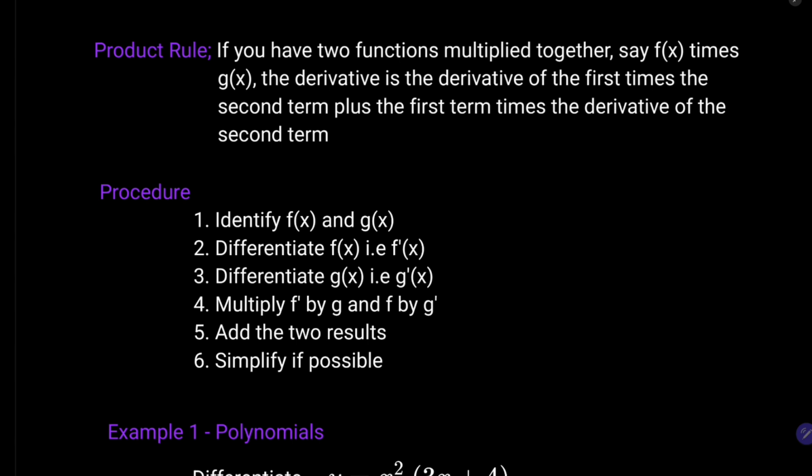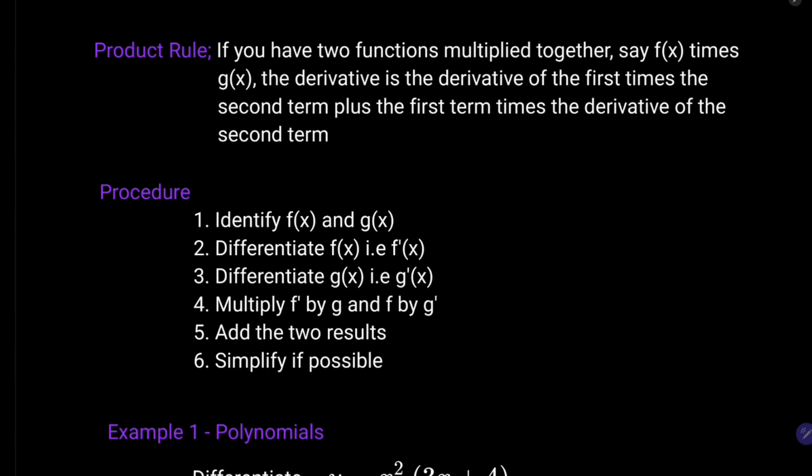The second rule states differentiate f of x, that is f prime of x. The third rule states differentiate g of x, that is g prime of x. Fourth rule, multiply f prime by g and f by g prime. The fifth rule, add the two products. And the sixth rule, you simplify if simplification is possible.